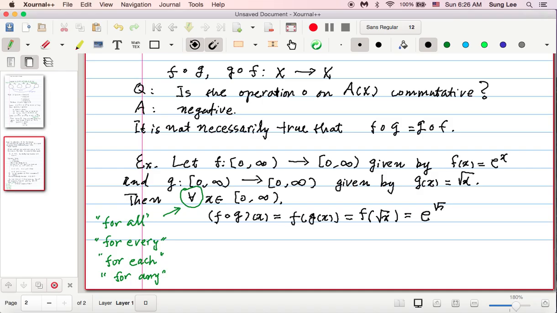And f followed by g of x, by definition, is g of f of x, and f of x is e to the x, so this is square root of e to the x.